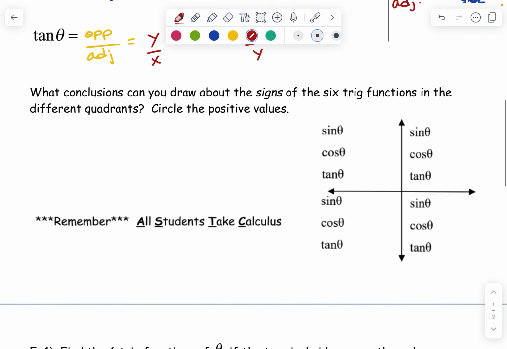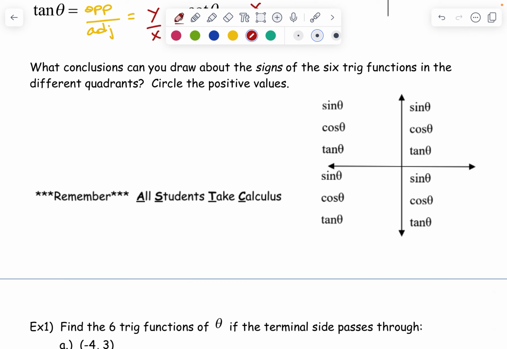As we bridge these concepts of SOHCAHTOA, our 6 functions, and the coordinate plane, we want to talk about if an angle occurs in a quadrant, what will its sign be? Let's revisit our quadrants. We start in the top right with quadrant 1, and then go counterclockwise to 2, 3, and 4.